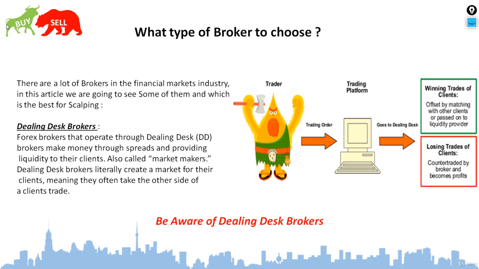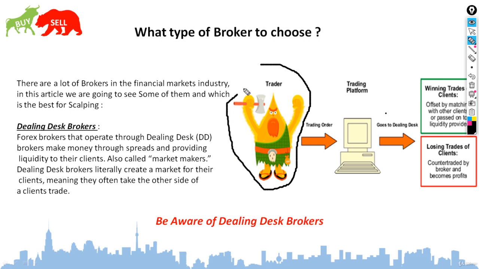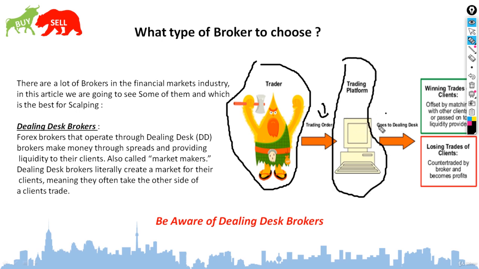As we see in this illustration, we have here a trader. He places a trading order in the trading platform of a broker. The order goes directly to the dealing desk.